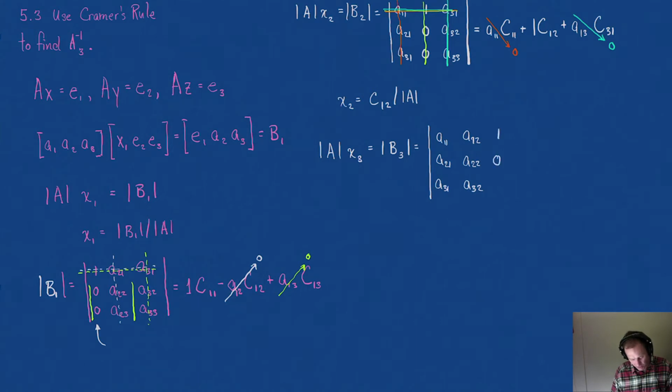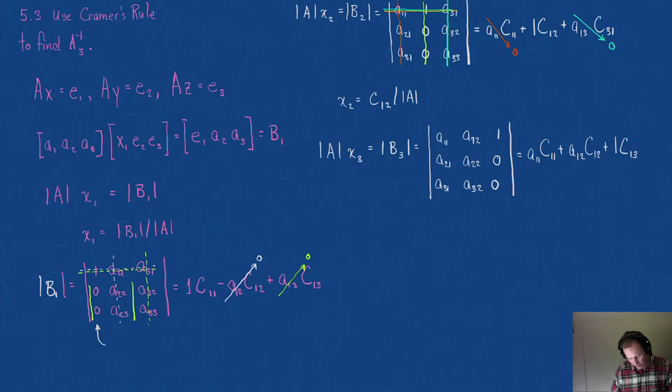1, 0, 0. And you can look at this already and see that, you know what, let's write it out. So this is A11 C11 plus A12 C12 plus 1 times C13.